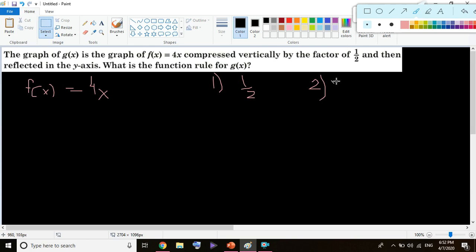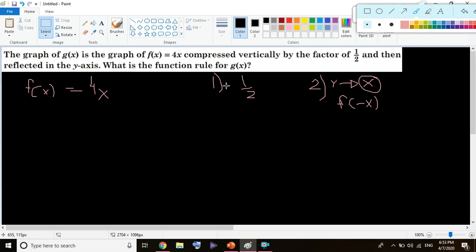The reflection in the y-axis means we're going to change the sign of x, so it's going to be f of negative x instead of f of x, because we're changing the values of x itself.